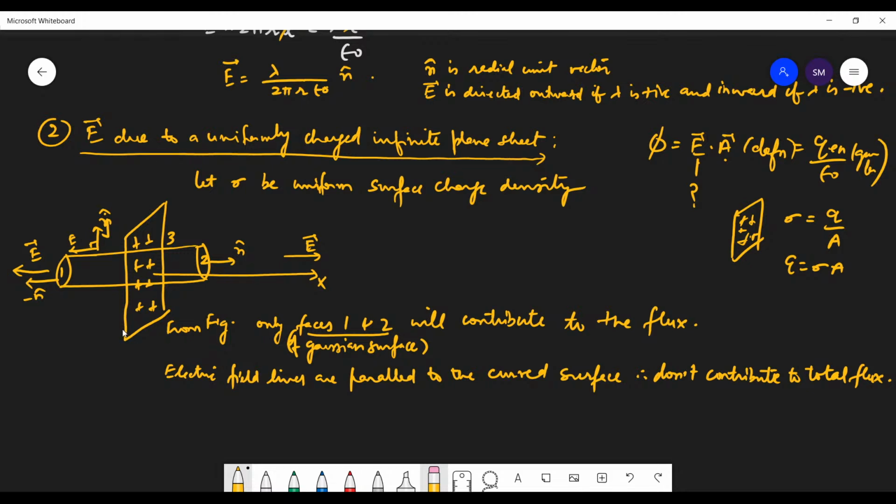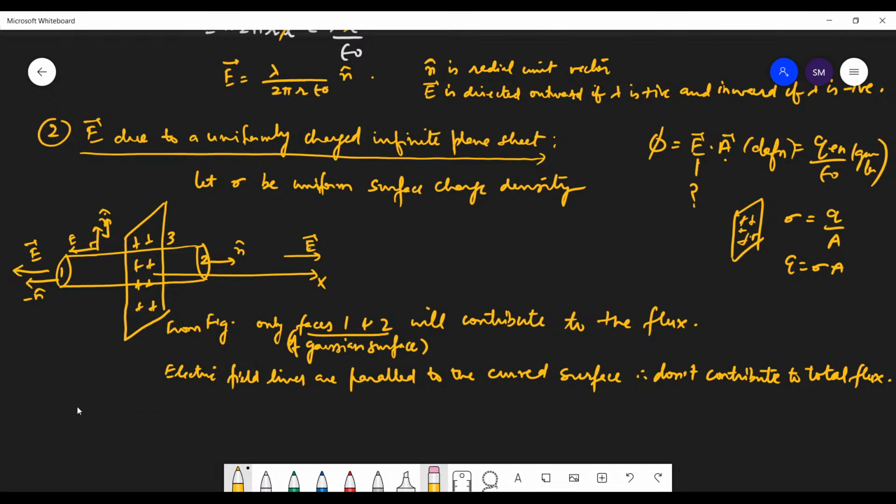So the net flux through both the areas, clearly, the angle between the area vector of the surface and the electric field is 0 degrees, and here also the angle is 0 degrees.